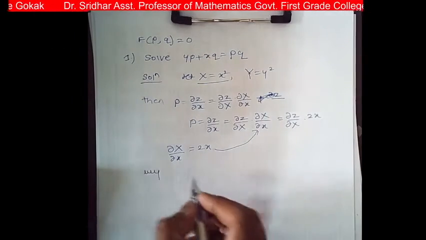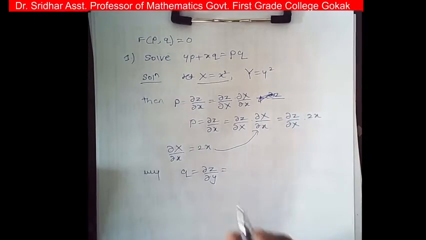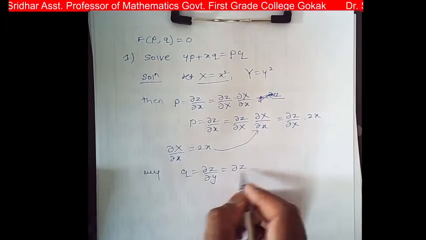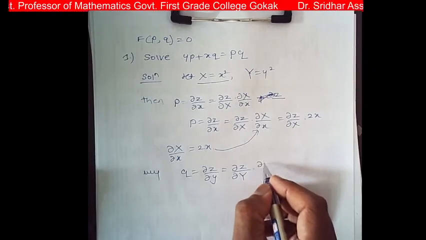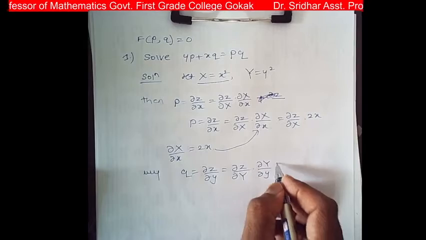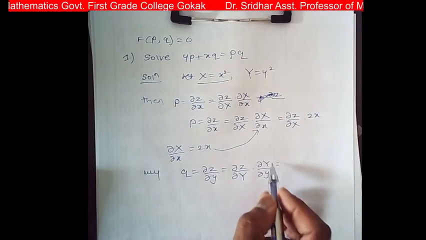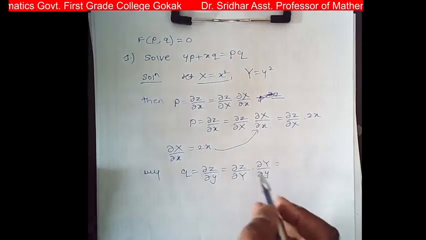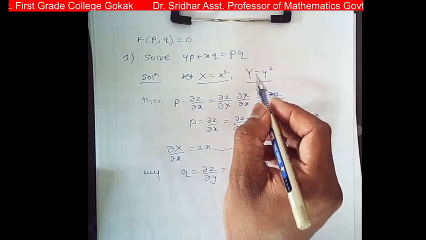Similarly, we find q, dou z by dou y. Again we apply the same technique: dou z by dou capital Y into dou capital Y by dou small y. Now we differentiate this equation with respect to small y.